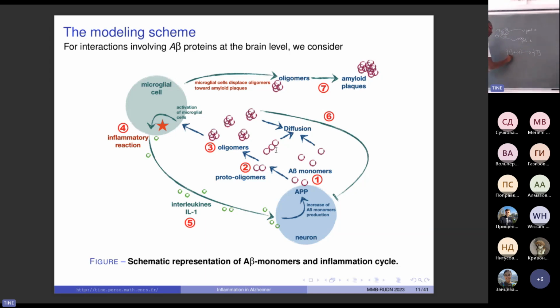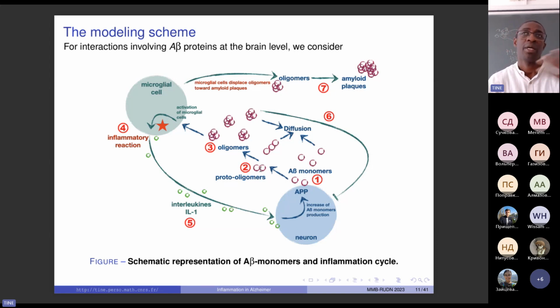One of size 3 can also lose one monomer and become a proto-oligomer of size 2 plus one monomer. So there is a process of gain and loss of monomers, a dynamics that forms proto-oligomers or comes back as monomers.